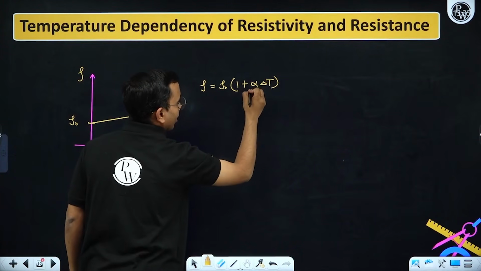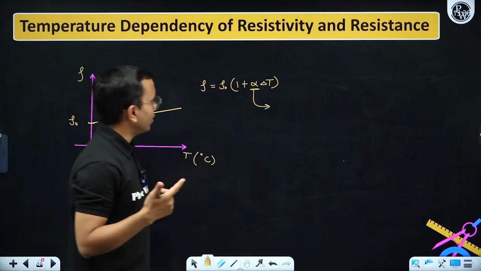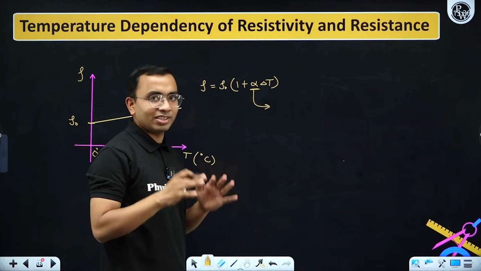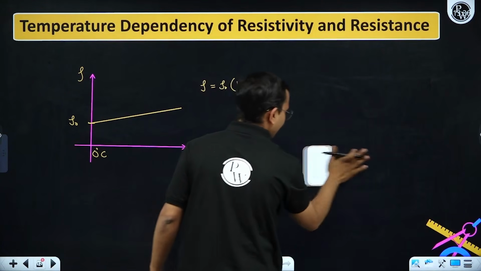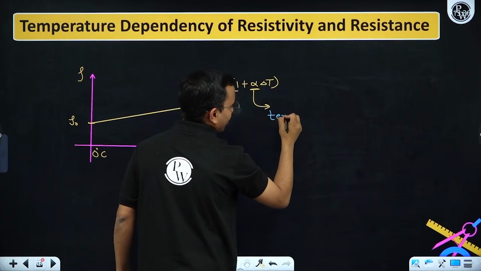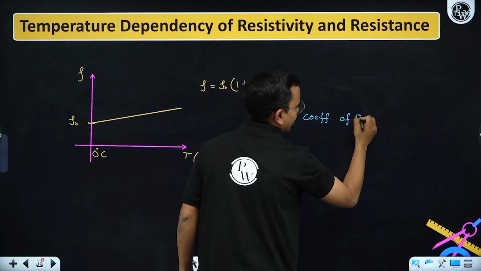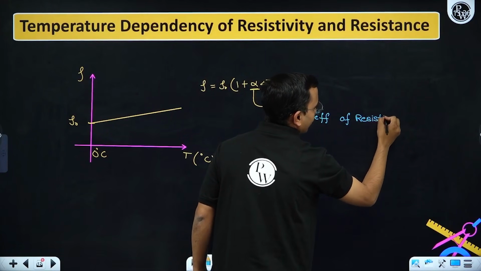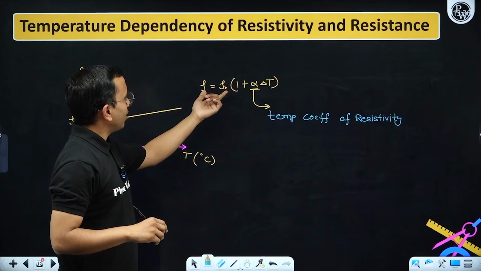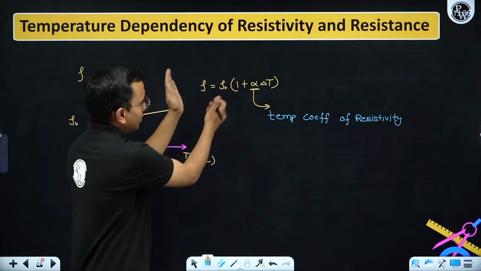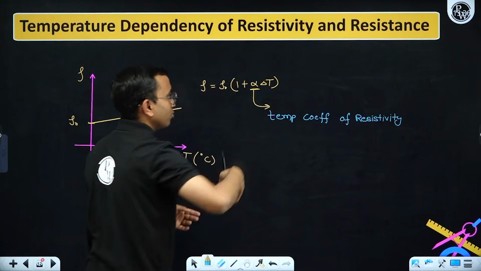This is alpha, the temperature coefficient of resistivity. What are its units? 1 plus alpha delta T is rho by rho naught, which is dimensionless, so 1 is dimensionless and alpha delta T is dimensionless, so alpha has the unit per degree Celsius.